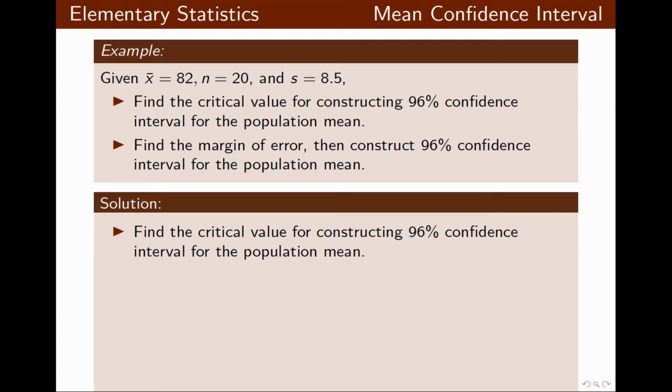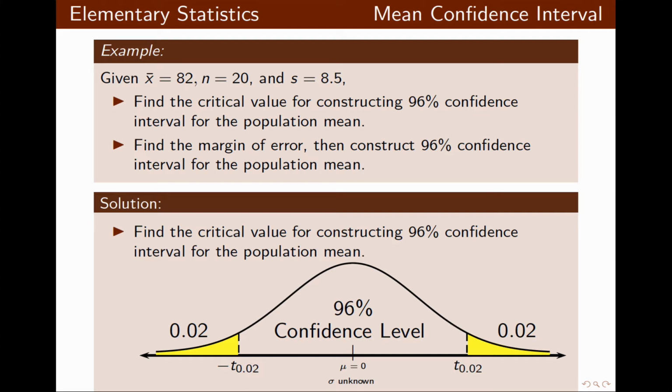So to find the critical value, the 96% confidence level will be the middle area, which leaves us with 0.02 area for each tail. Now, since we're going to find t alpha over 2, the mean is 0, but sigma is unknown.